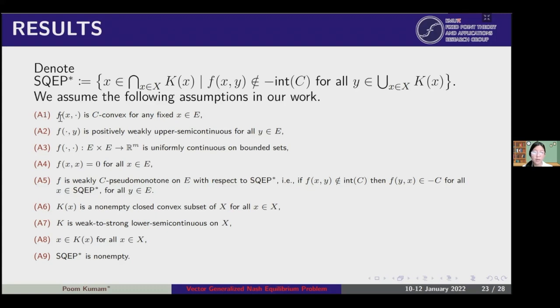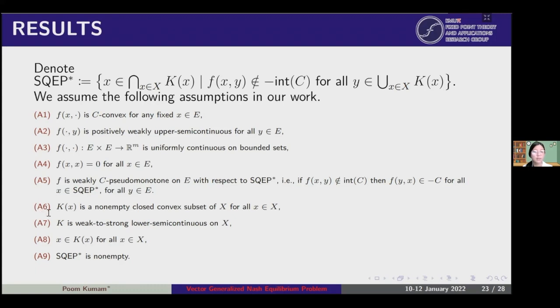Assumption 1, F of x dot is convex. Assumption 2, F dot y is positively weakly upper semi-continuous for all y. Assumption 3, F is uniformly continuous on bounded sets. Assumption 4, F of x,x is equal to 0 for any x in the set E. Assumption 5, F is weakly pseudo-monotone.